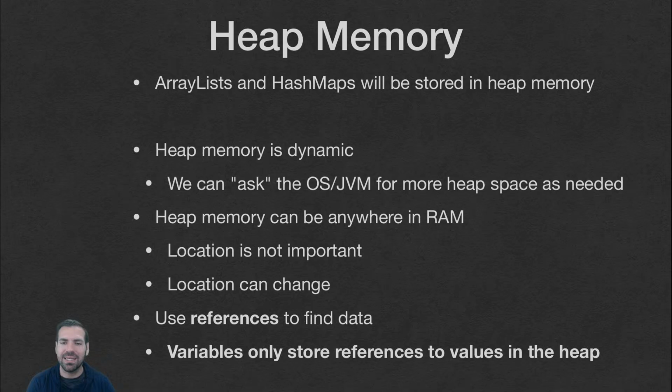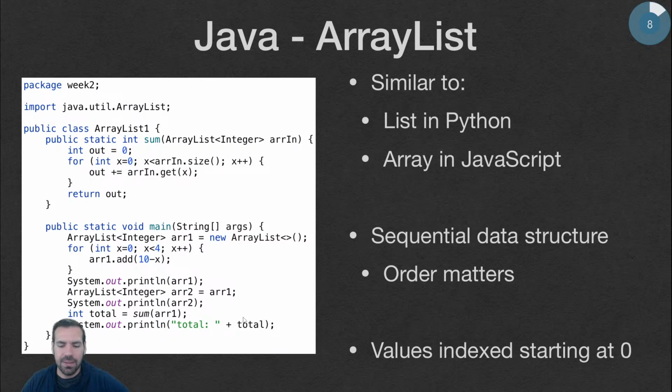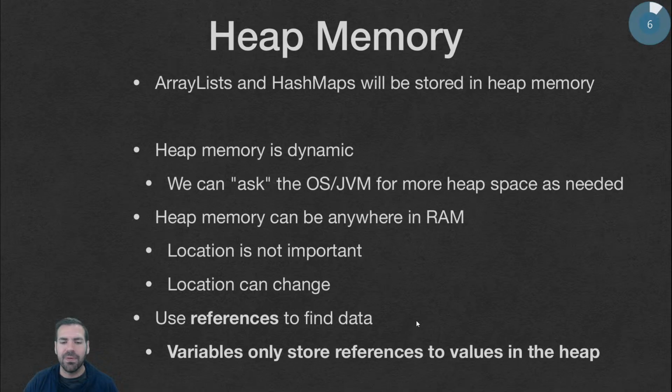And again, just like the stack, you can't access any memory that hasn't been allocated for your program. And with heap space, we don't care where the operating system found that space. We just care that they did find the space, and that they gave us a reference to that space, which is the memory address.